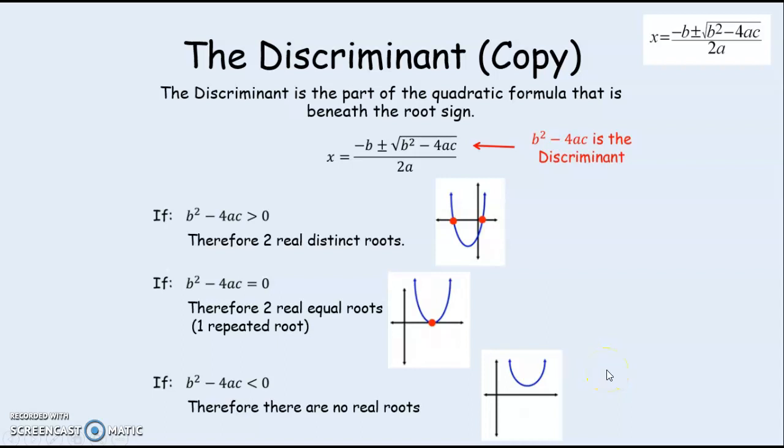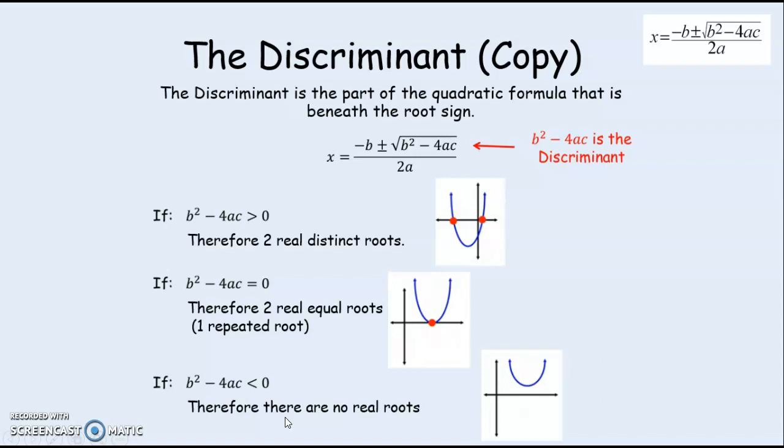So here, the discriminant is telling us the nature of the roots. If it's greater than 0, there are 2 real distinct roots. If it's equal to 0, there are 2 real equal roots or 1 repeated root. And if it's less than 0, there are no real roots.